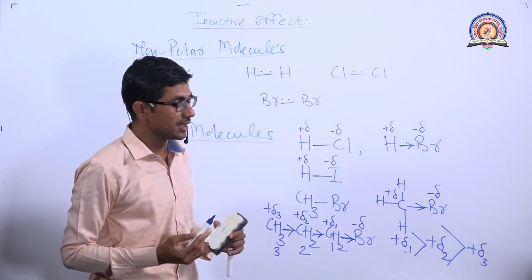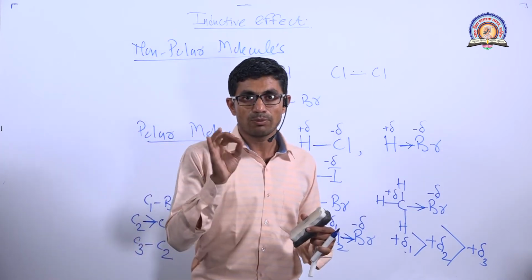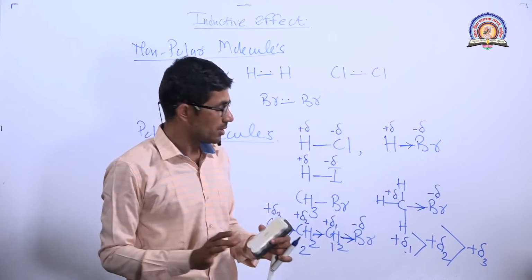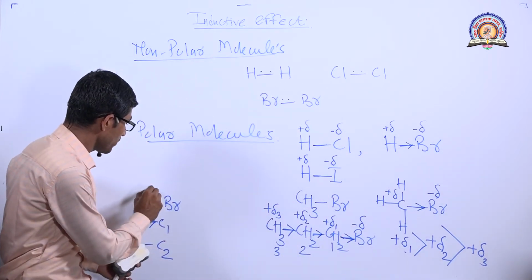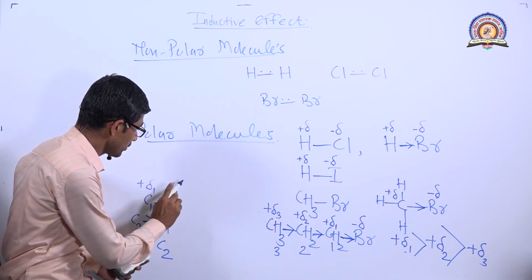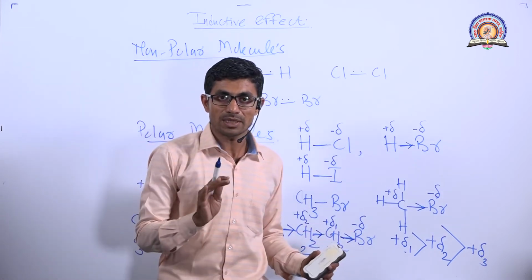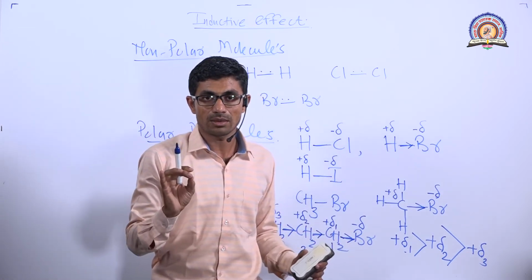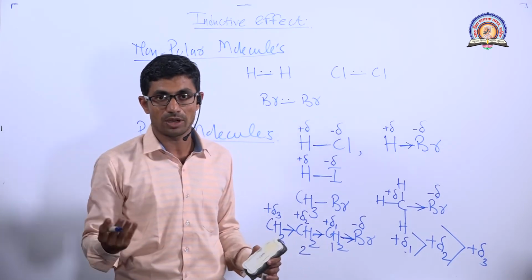So what can we say from this? Actually, polarization is present in one bond, the C-Br bond, but this polarization is induced in the adjacent bond.